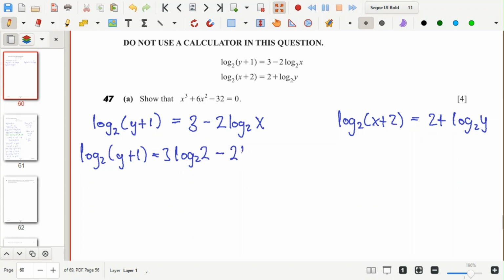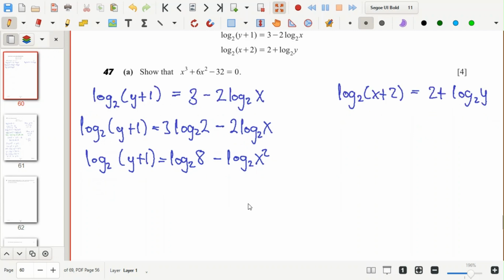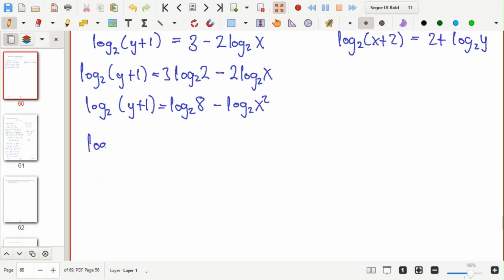And so I'm going to get, when 3 becomes the power, I'll get 8 minus, and I can express them as single logarithms on both sides.